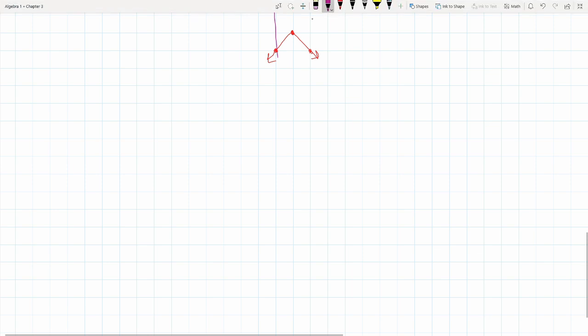So in examples 1 through 4, graph the function, compare the graph to f of x equals the absolute value of x, describe the domain and range. Alright, so looking at number 1, we have t of x equals 1/2 the absolute value of x. And so we're going to first graph it, and then we'll kind of compare.